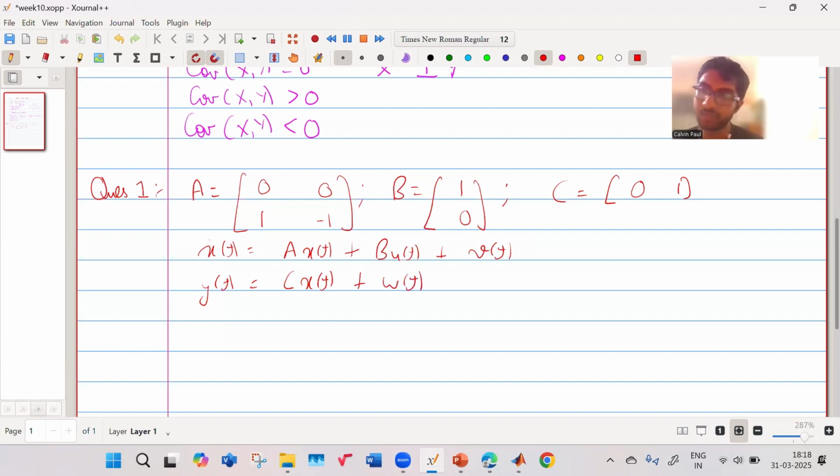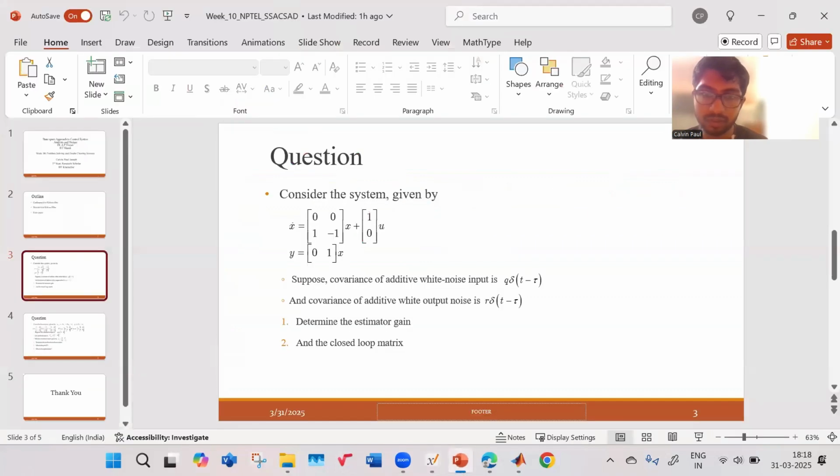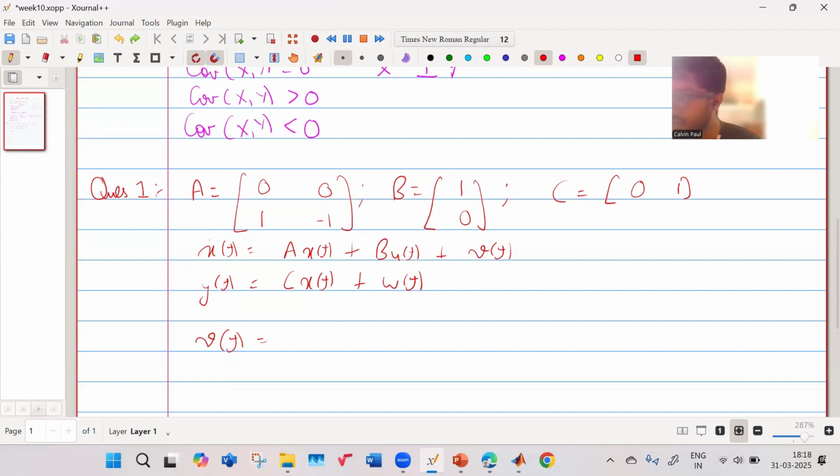This is considered. Now v of t has covariance Q times delta of t minus tau.